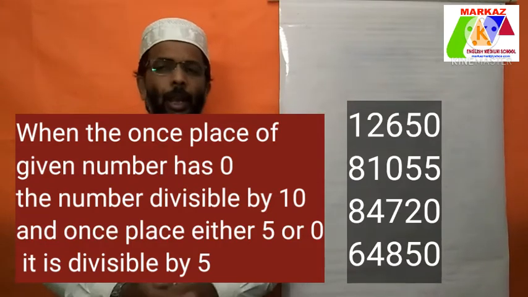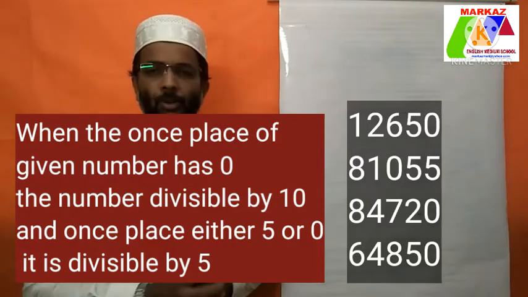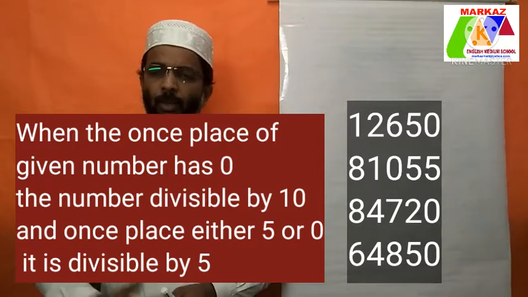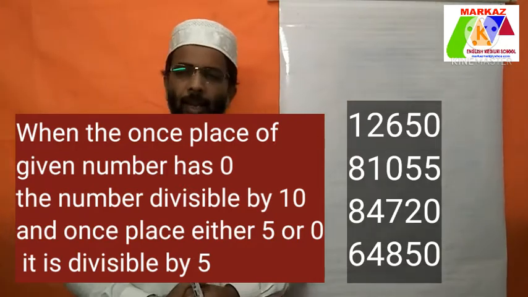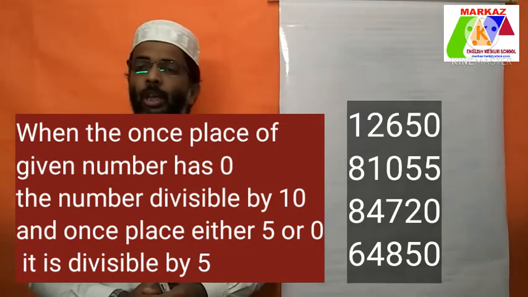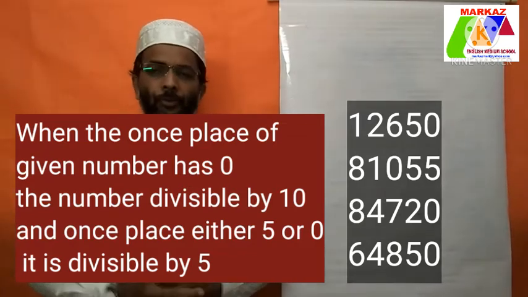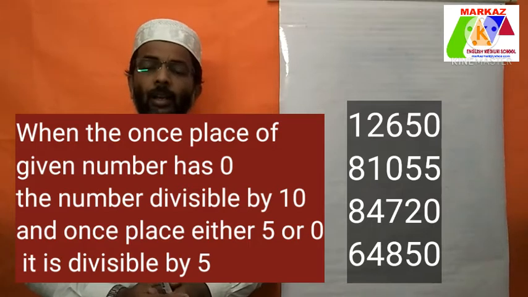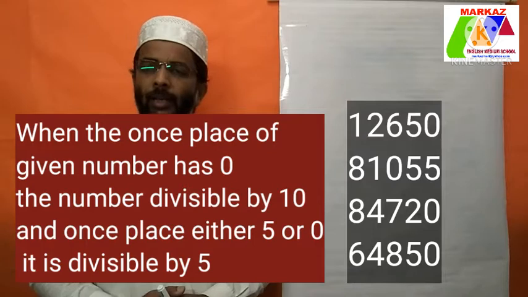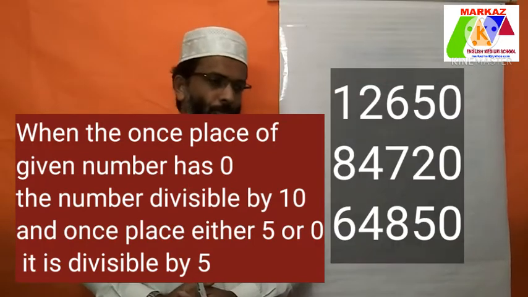Third one, 84,720. Ones place is 0, it is divisible by 10 and 5. Last one, 64,850. Ones place is 0, it is divisible by 10 and 5.